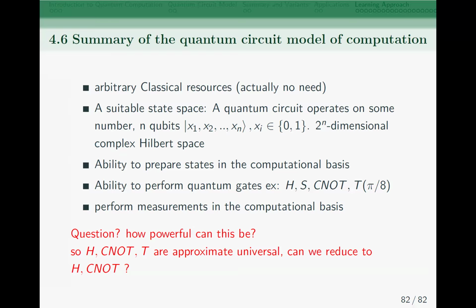And we can perform a measurement in the computational basis. So this is the definition of quantum computation. You can prepare states in the computational basis, and you are not allowed to do arbitrary unitaries. You're only allowed to do Hadamard and CNOT and T, with Pauli X, Pauli Y, Pauli Z, some elementary operations, and you can do the measurement.